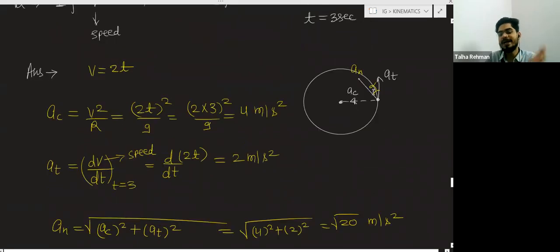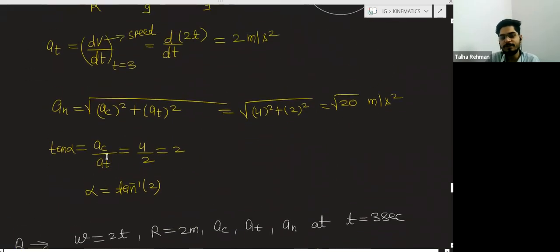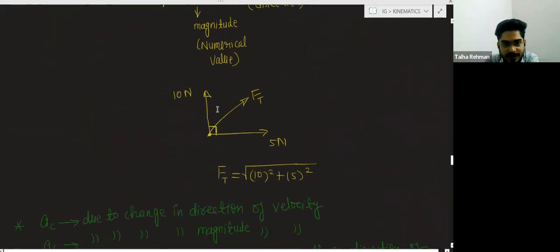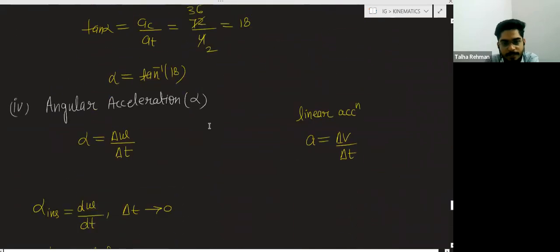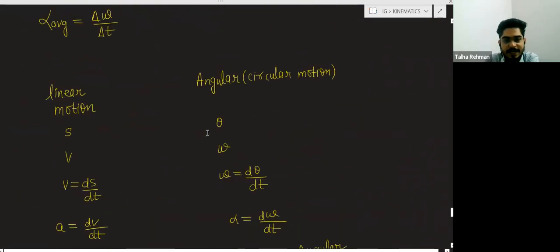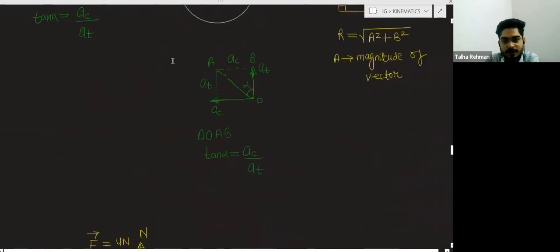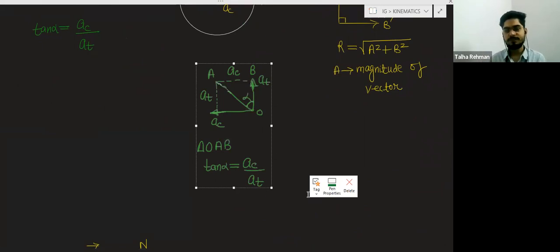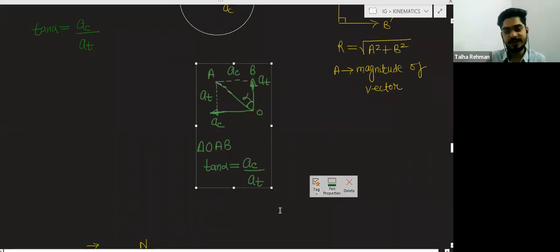If you want to find the angle, you can find it with the help of tan alpha. Tan alpha is given by a_c by a_t. I have already calculated this part here. Try the questions by yourself. If you have any doubt, then we will discuss in the next class.